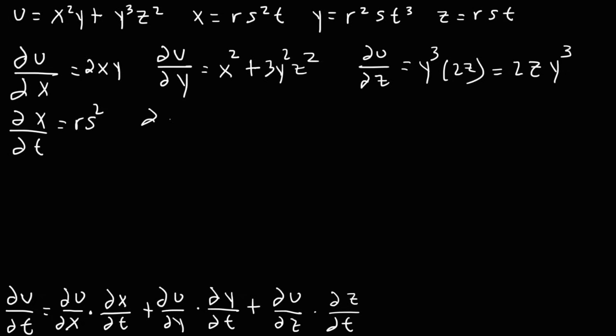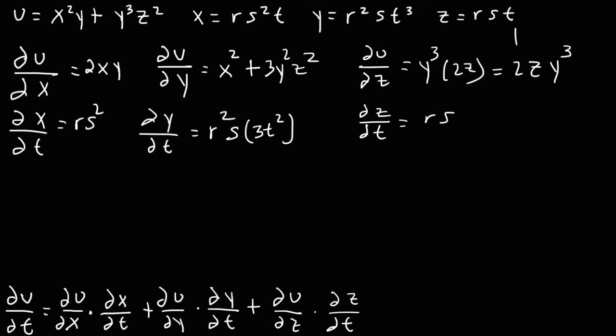Now let's find the partial derivative of y with respect to t. So using this formula, the r squared s part will stay the same. The derivative of t to the third is 3t squared. Now the partial derivative of z with respect to t is going to be rs times the derivative of t, which is 1.